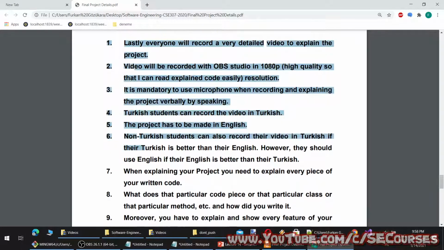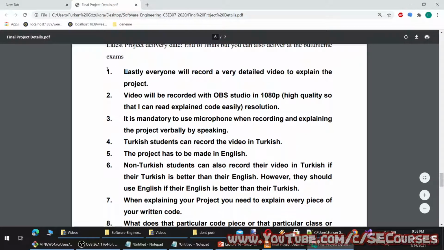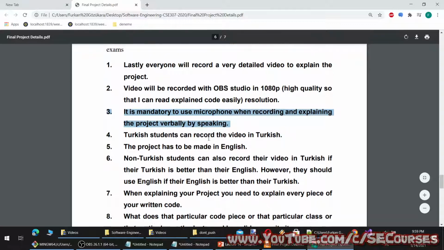Okay, let's read this part as well. 1. Lastly, everyone will record a very detailed video to explain the project. 2. Video will be recorded with OBS Studio in 1080p high quality resolution so that I can read the explained code easily. 3.